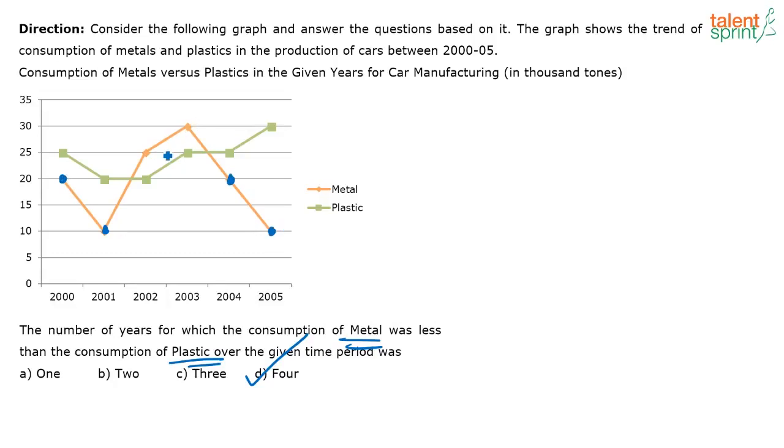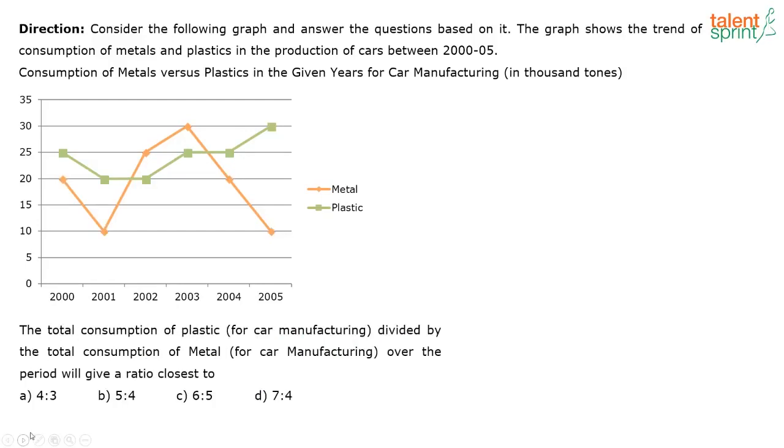Now these 2 years will not come because in 2002, metal is 25 and plastic is only 20, so metal is consumed more. Similarly in the year 2003, metal is 30 and plastic is 25, so metal is consumed more. Answer is option D, 4.